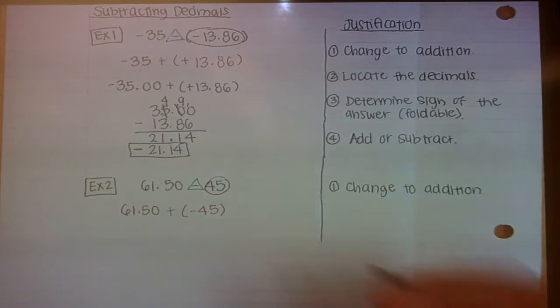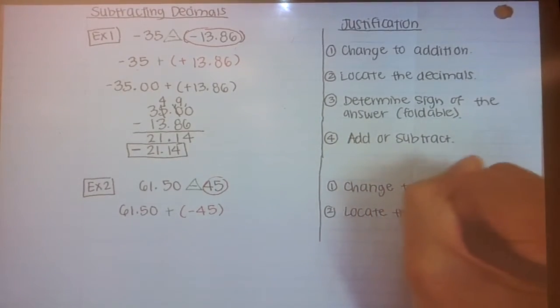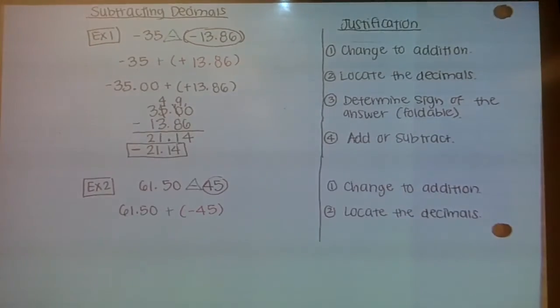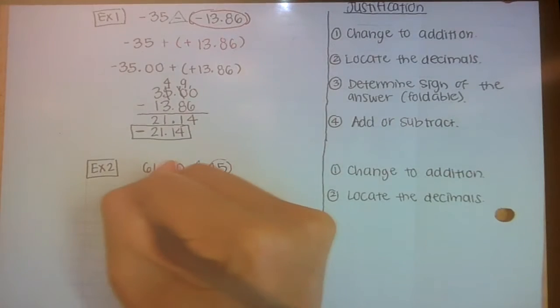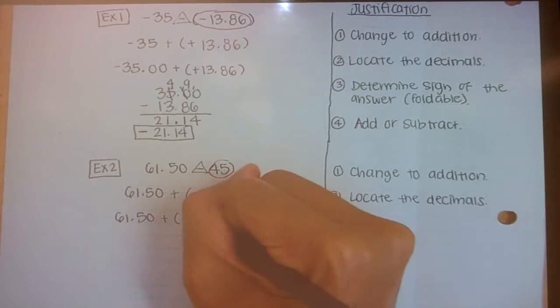Then our second step is to locate the decimals. So we have a decimal here, and our second number we need to add a decimal at the end. So it's 61.50 plus a negative 45.00.